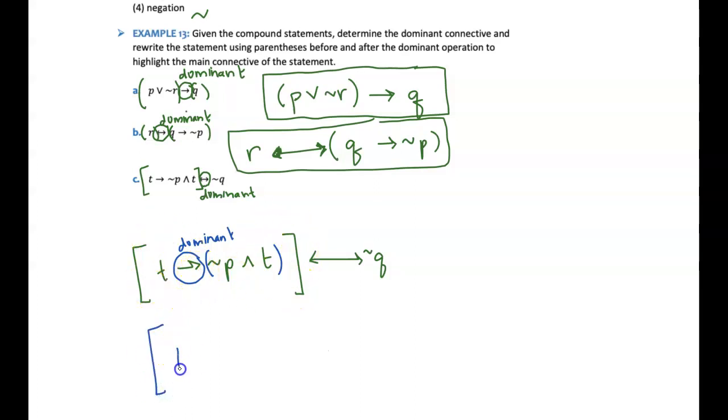In that case, we would have statement T, our conditional, the negation P and T together in parentheses, and then our biconditional with negation Q. Notice that the biconditional is most dominant. We did that first. And then within the brackets, we also saw that the conditional would be more dominant than the conjunction. And that ends example 13.